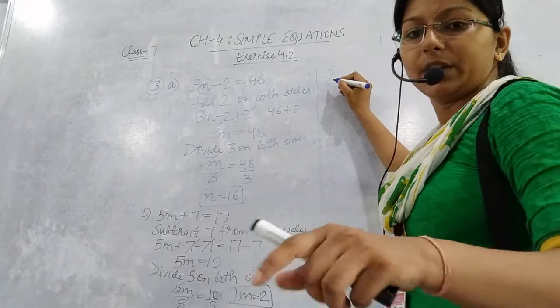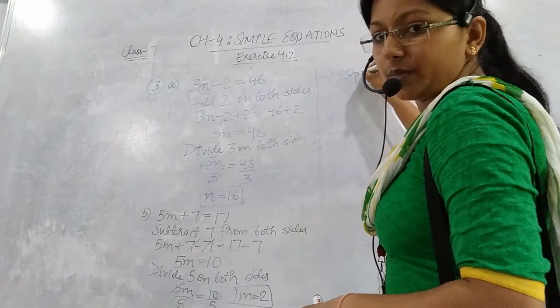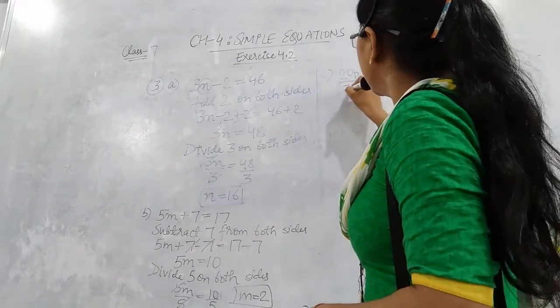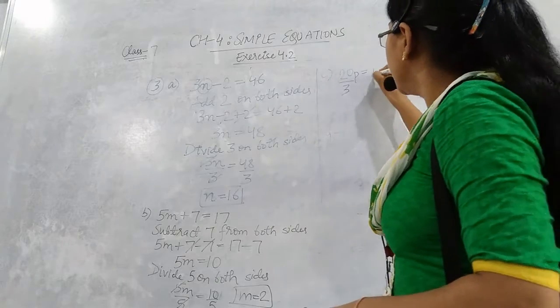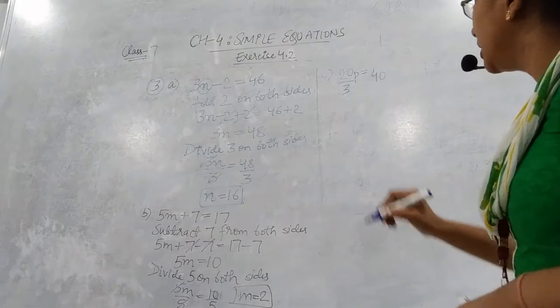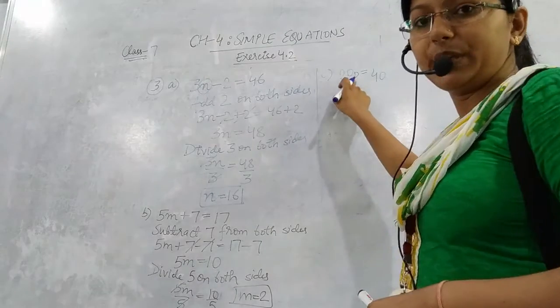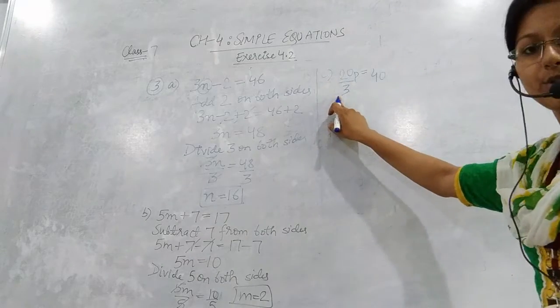C part में क्या है? 20p upon 3 is equal to 40. ठीक है, 20p by 3 is equal to कितना आ रहा है? 40 आ रहा है. Then सबसे पहले p के साथ 20 को भी रिमूव करना है, 3 को भी रिमूव करना है.